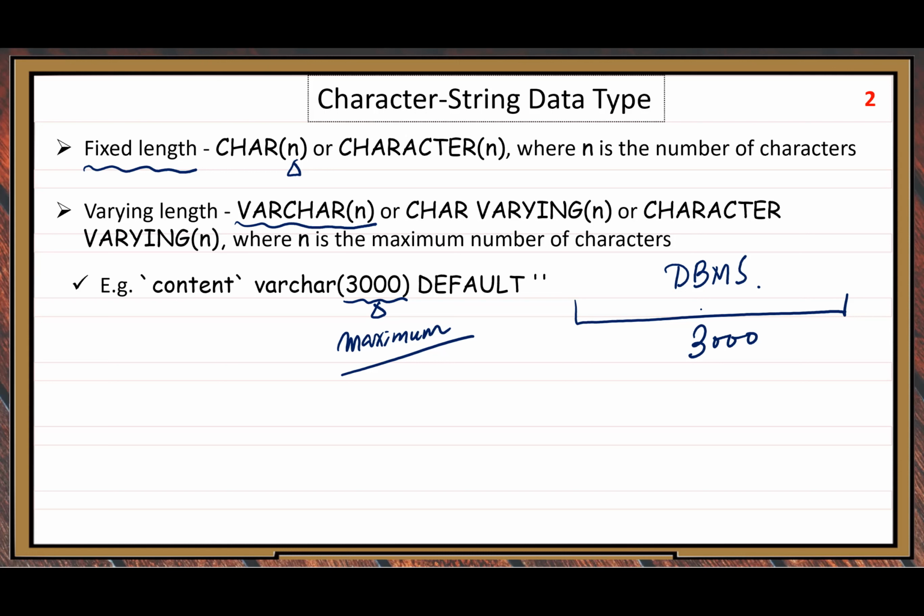If you use only a small portion of it, then the DBMS will only consume the memory of that much. Don't worry, the DBMS automatically saves the remaining space. No waste here. So that's one thing.